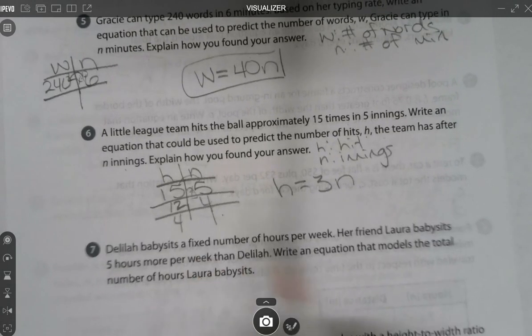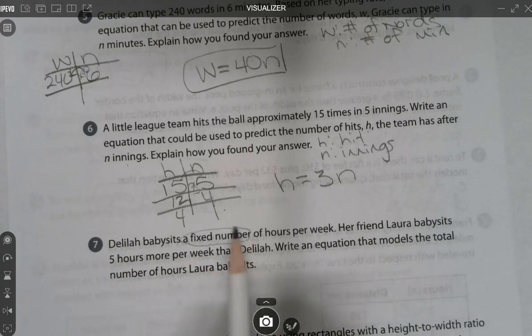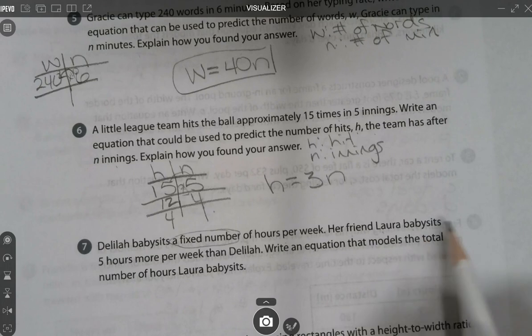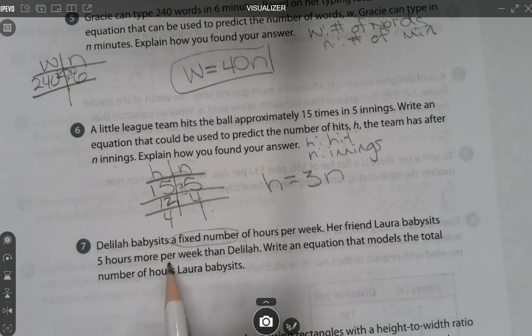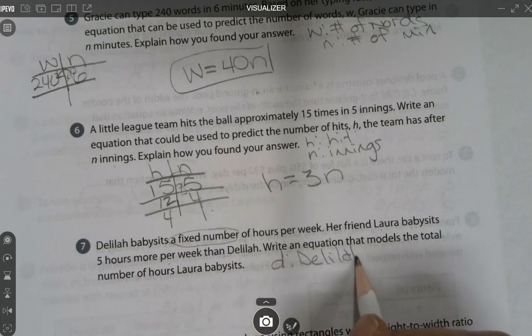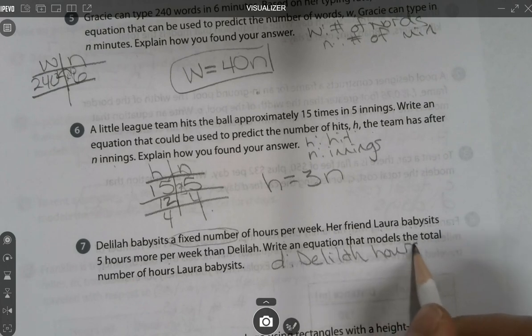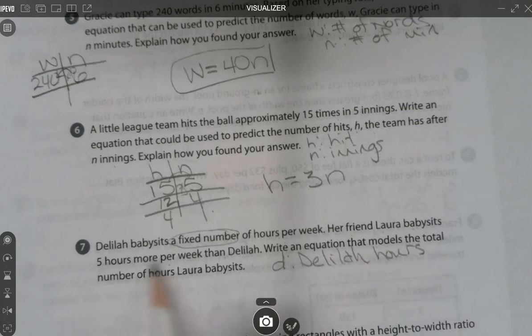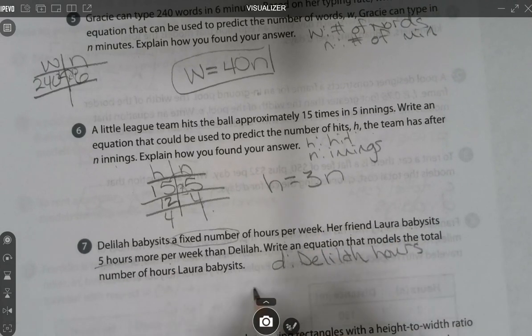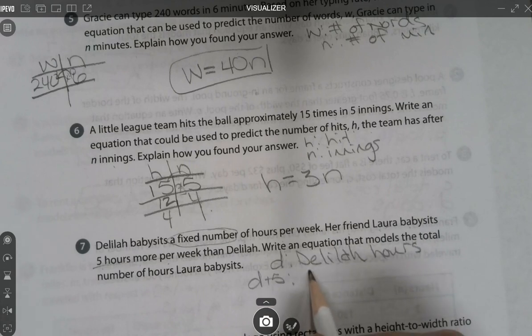Delilah babysits a fixed number, that's your independent, of hours per week. Her friend Laura babysits 5 hours more per week than Delilah. So this is Delilah's hours. And then what did it say? Her friend Laura babysits 5 more hours. So D plus 5 is Laura's hours.